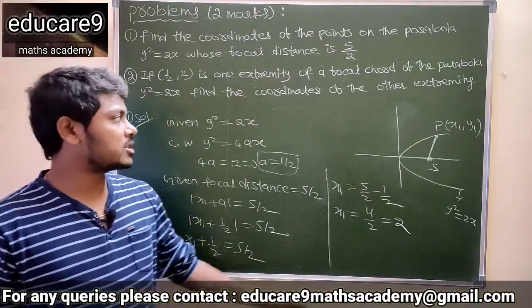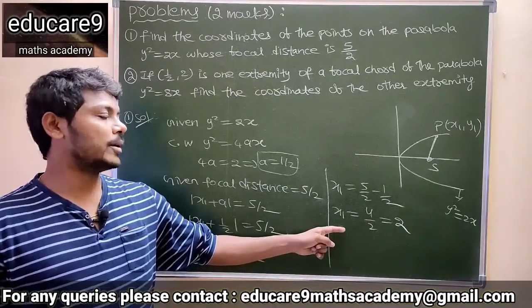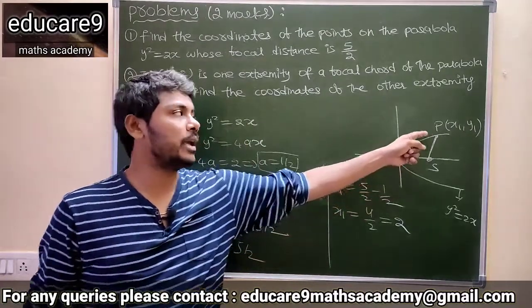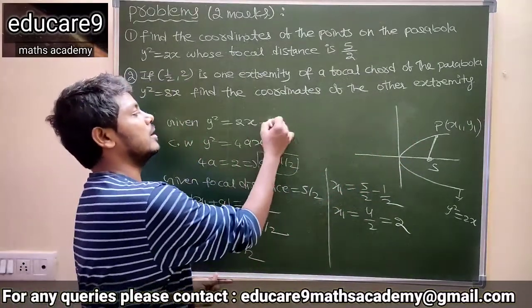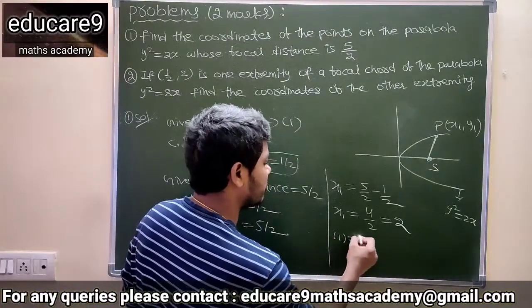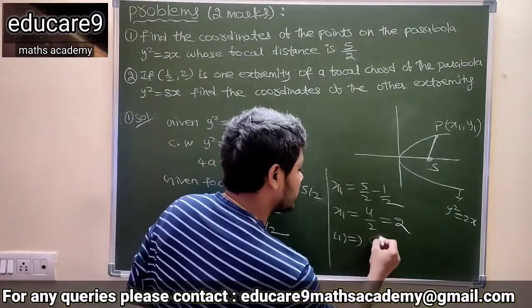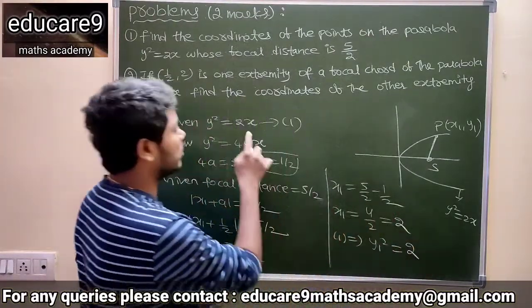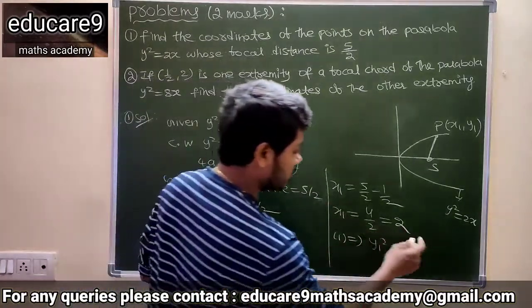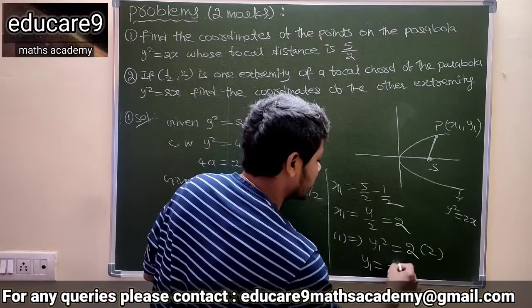Now P lies on the parabola y square equals 2x, so substitute point P in equation 1. From equation 1, y1 square equals 2 into x1. x1 is 2, so y1 equals plus or minus 2.